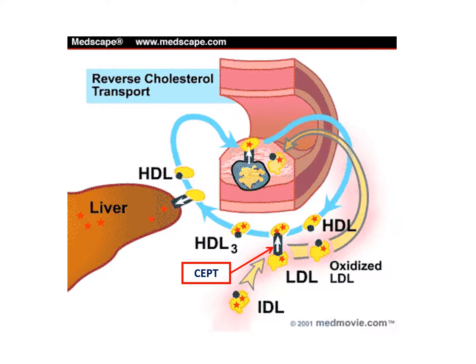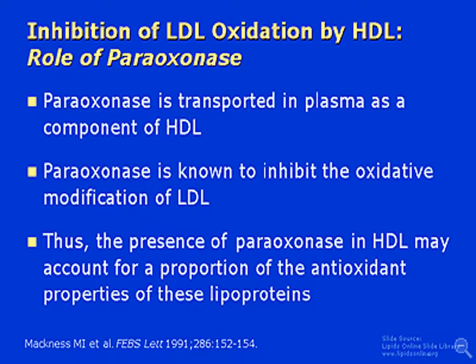That's one of their positive benefits. You can also follow the arrow from the liver into the blood vessels, and you'll notice that we're removing LDLs, the thing with the star in it, from plaque. So HDLs are considered good guys.